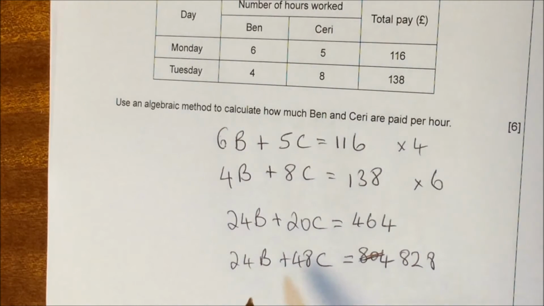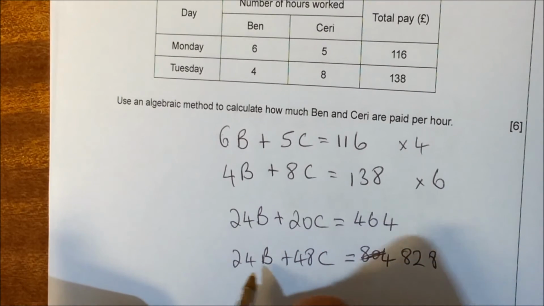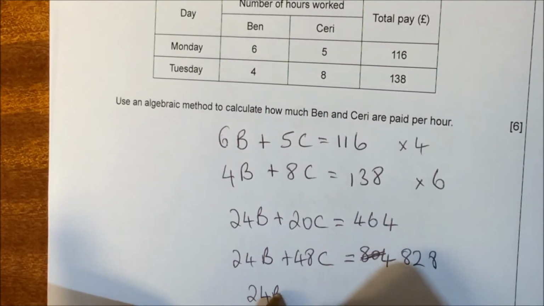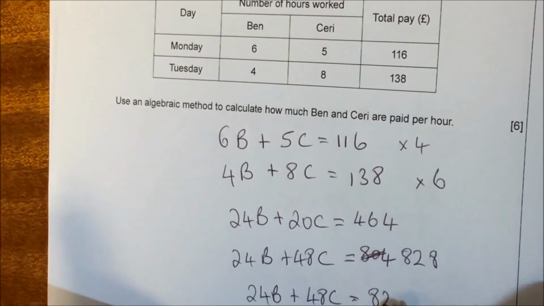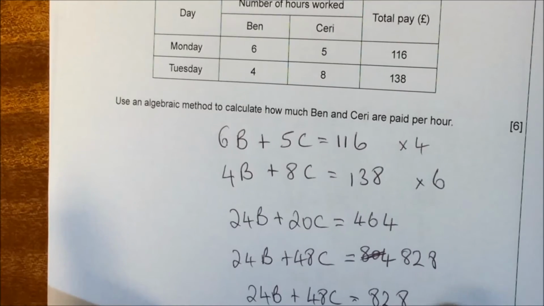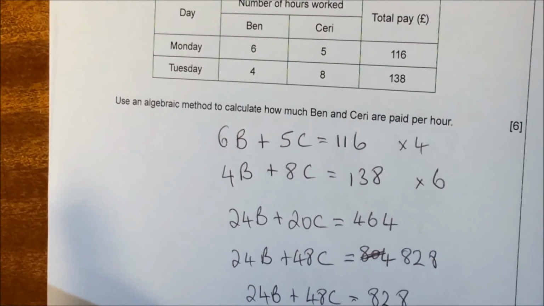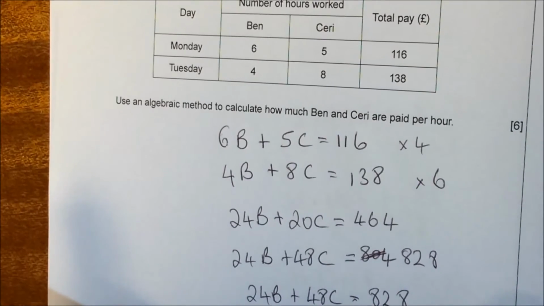Once I've done that, and I've got my first letter the same, I'm going to change the sign of, I tend to do the bottom equation, but I'm noticing that all the numbers are bigger on the bottom one than the top one. So let's write it out the other way round. 24B plus 48C is equal to 828, and 24B plus 20C is equal to 464. I'm going to change all of these signs on the bottom.